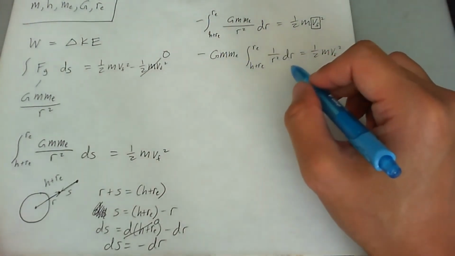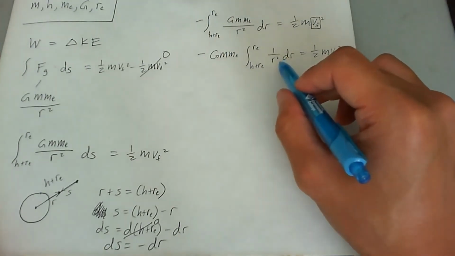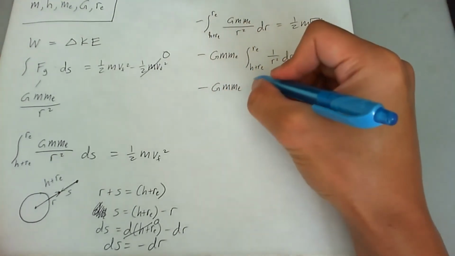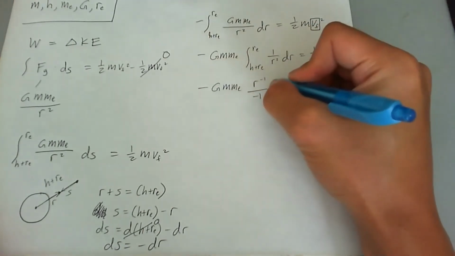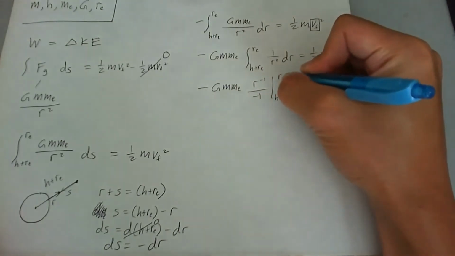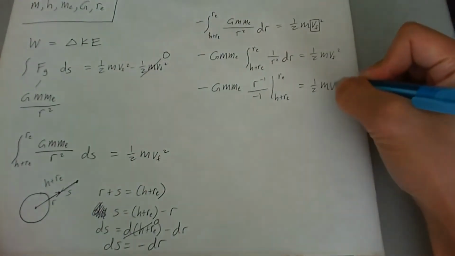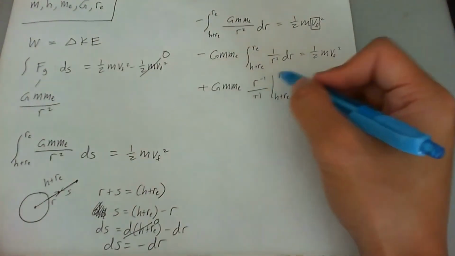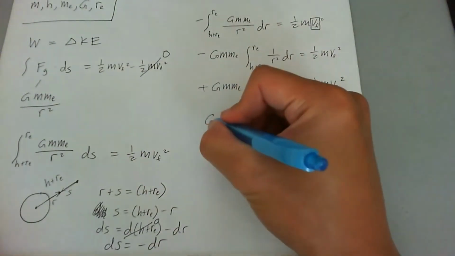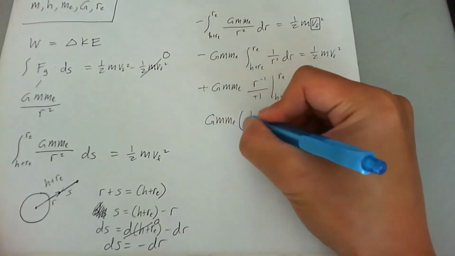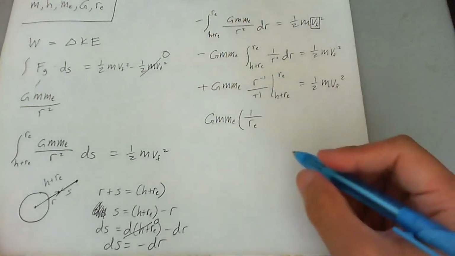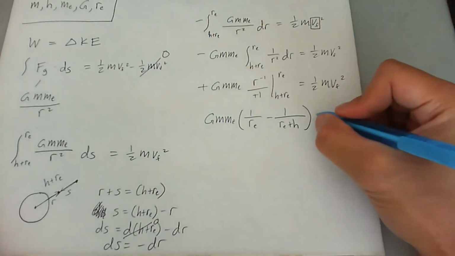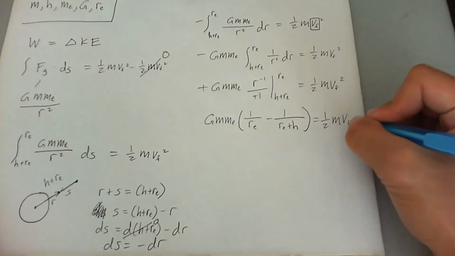The integral of 1 over r squared is going to be r to the negative first power divided by negative 1, from h plus R_E to R_E. Let's get the negatives out, put this on the bottom, and input the limits of integration: G m M_E, 1 over R_E replacing r in this case, minus 1 over R_E plus h, equals 1/2 m v_f squared.